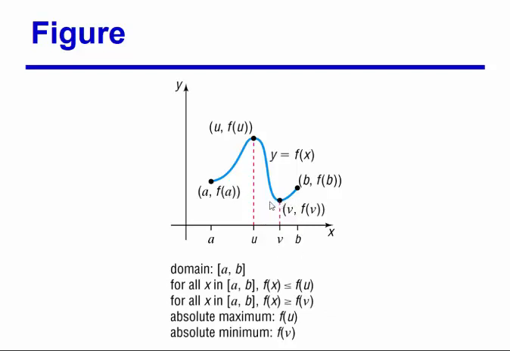You can see that particular function there. And so the absolute maximum occurs at f of u, and the absolute minimum occurs at f of v. So the interval goes from a to b, and we're only looking for either peaks or valleys within the graph within that interval. Here we can see that this is the highest point, that's the lowest point. So this is considered an absolute max and an absolute minimum.